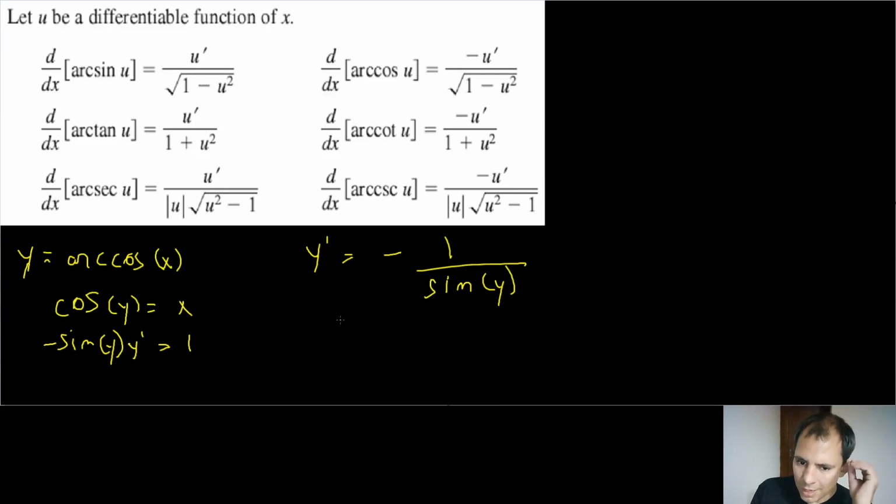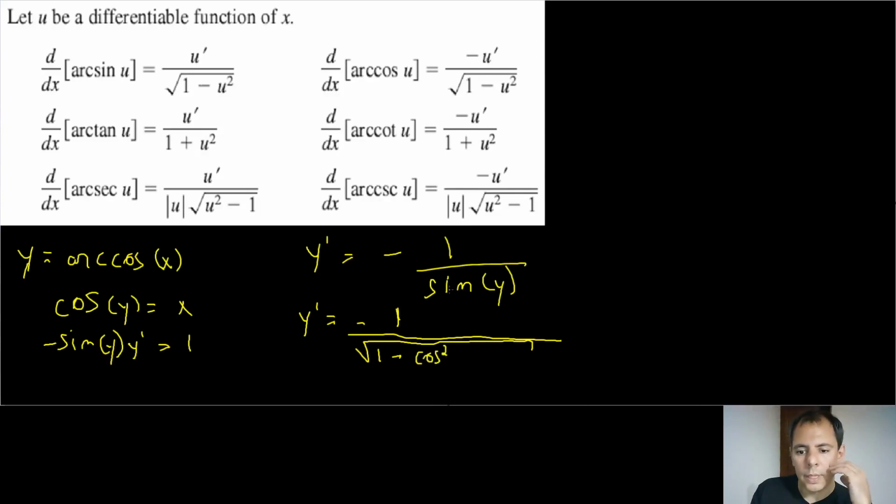But what is the sine? Here we go again. We're going to do y prime equals minus 1 divided by the square root. What is the sine? It is the square root of 1 minus the cosine squared. This is the sine of the arc cosine of y, right? But y is the arc cosine, so you put an arc cosine of x in here.